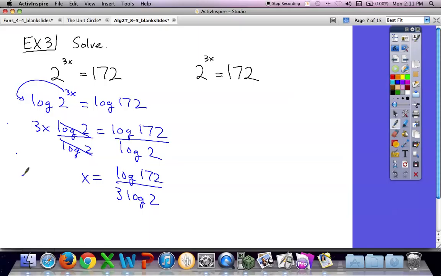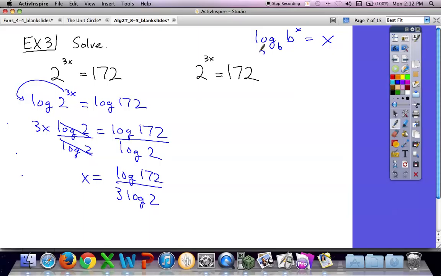Here's the other way to solve this. Normally at this step, we don't take log base 10 of both sides. Normally, we use another property of logarithms, which was not presented in the book, which goes like this. If you take the logarithm of an exponential which has the same base, they cancel each other out.